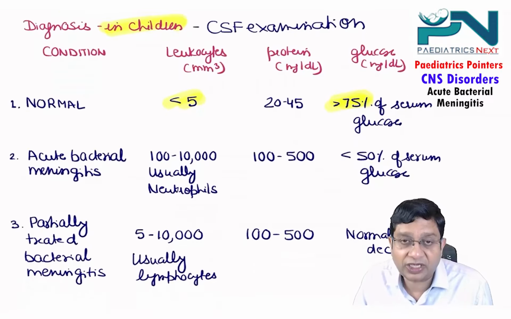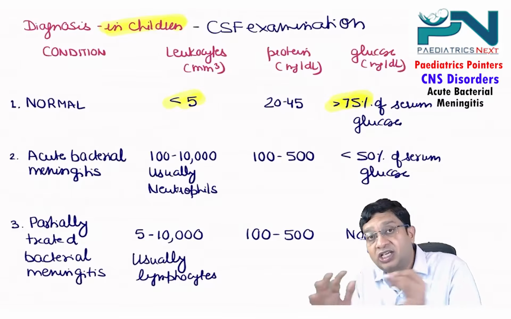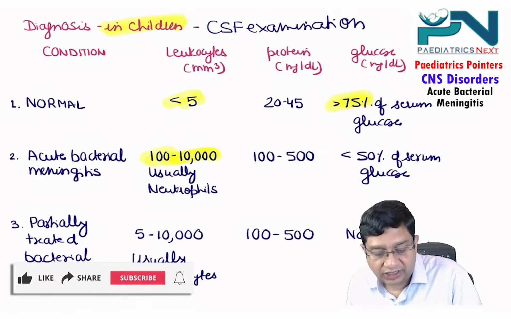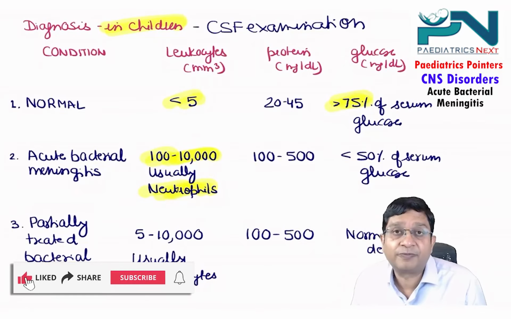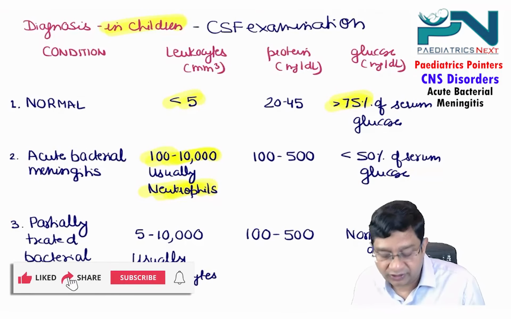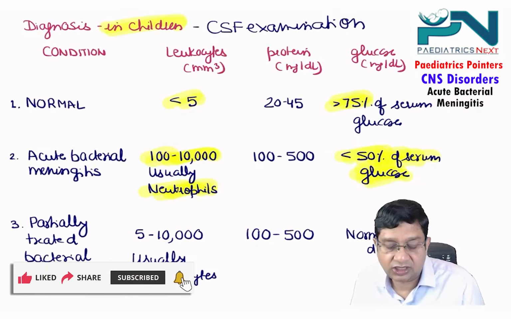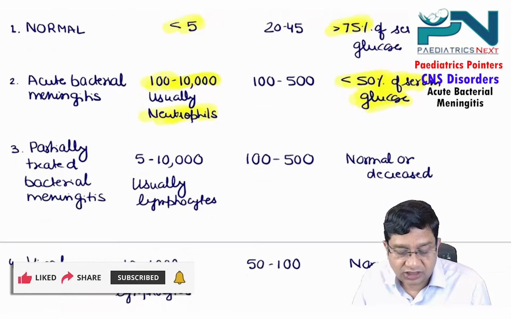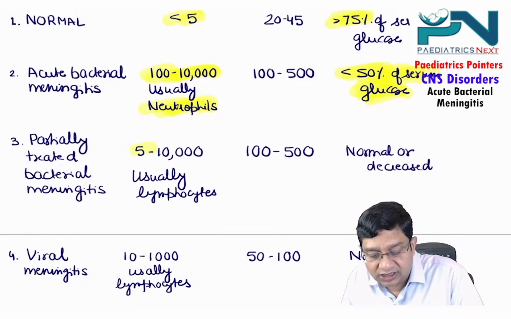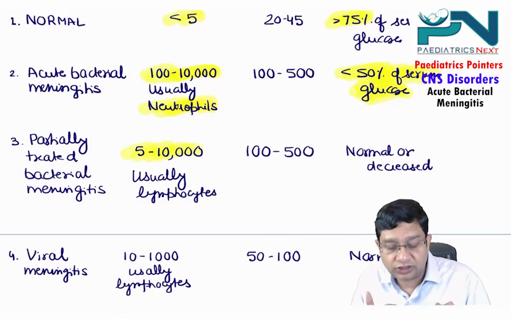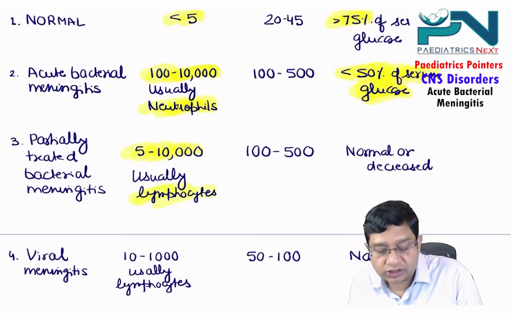In acute bacterial meningitis, the cell count rises very much. It can be 100 to 10,000, and it is usually neutrophils. The protein is 100 to 500, and the sugar is less than 50% of serum glucose. In partially treated bacterial meningitis, the cell count can be 5 to 10,000, but instead of neutrophils, this is usually lymphocytes.